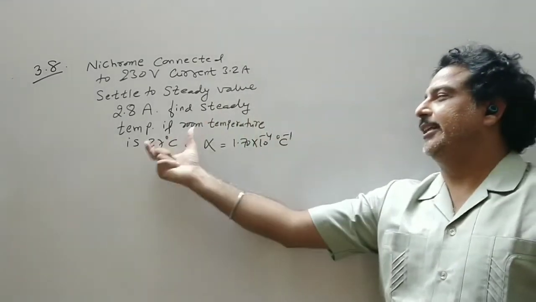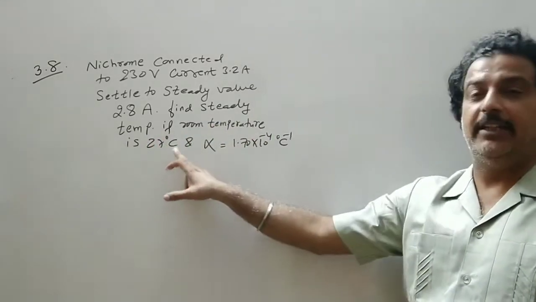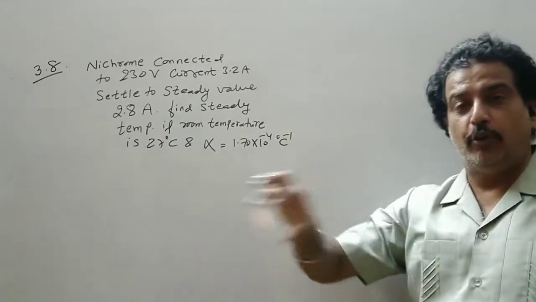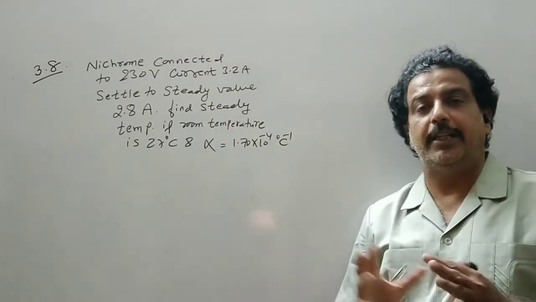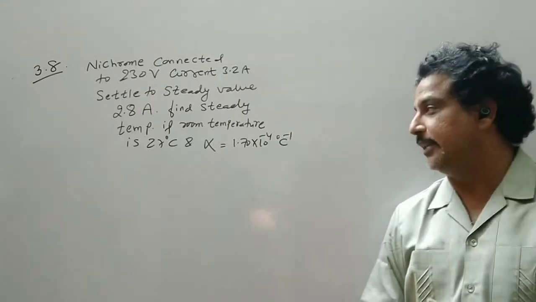So find the steady temperature if the room temperature is 27 degrees centigrade. Generally when the current flows initially, the temperature is room temperature, as we have seen in example 3.3.